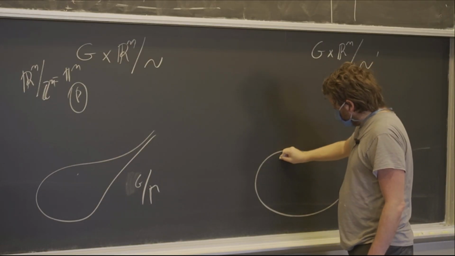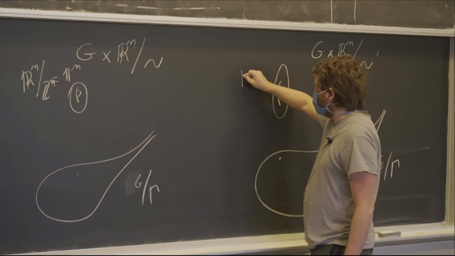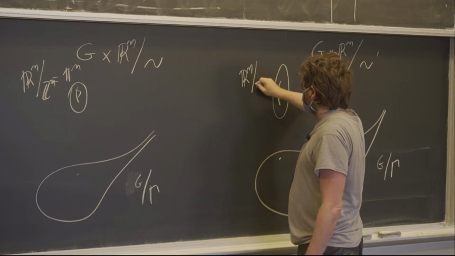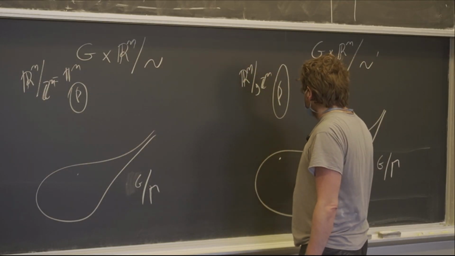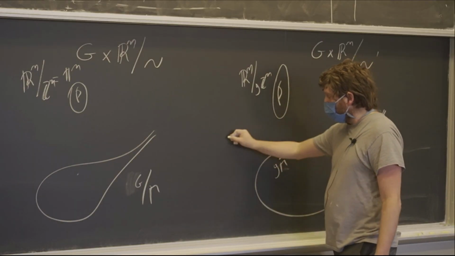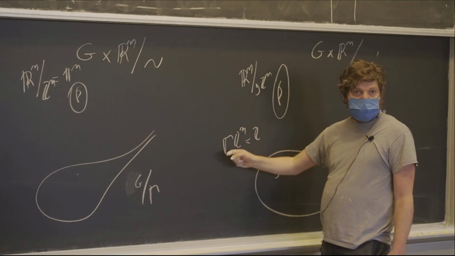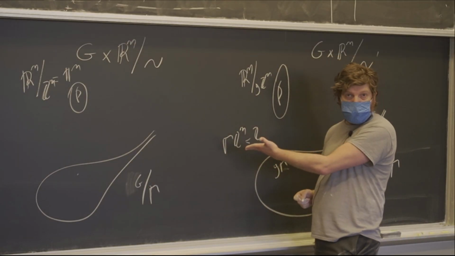And now, over this point here, you will have one torus, which will be Rn mod G times Zn. And this is over G gamma. And notice that gamma times Zn equals Zn, because gamma is in SL_n(Z). So if I take another representative, I get the same torus.